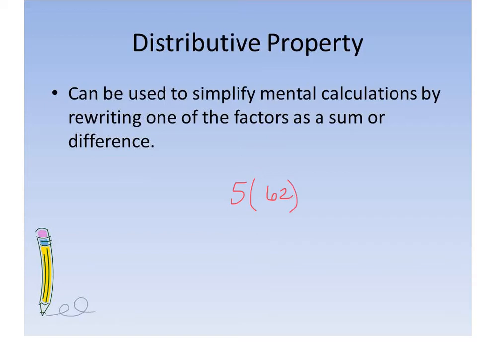Well, off the top of your head, you might not know 5 times 62, but maybe if we break 62 down into 60 plus 2, maybe you know 5 times 60, and you know 5 times 2. So you can just mentally do this in your head. 5 times 6 is 30, so we add the 0, we get 300 plus 10. So we're looking at 310. So there is a great use of the distributive property just on an everyday basis.